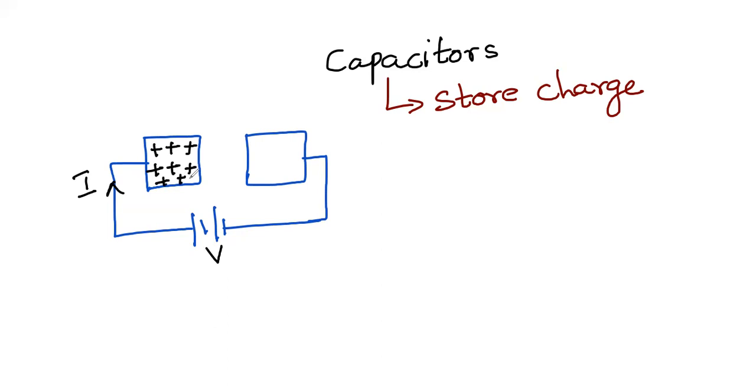The other plate will accommodate negative charges. So because we have positive and negative charges, we can label this as plus Q and the other plate as minus Q. Now, once the capacitor has stored the charges, there exists an electric field between the plates.